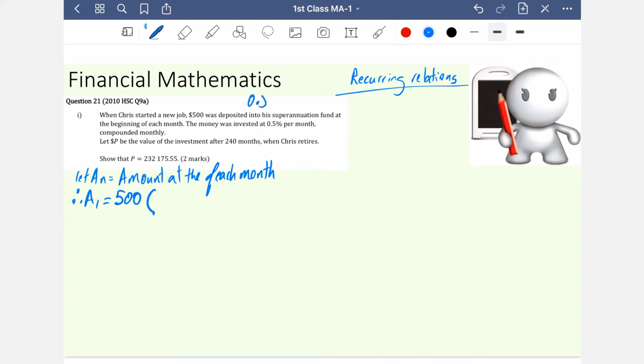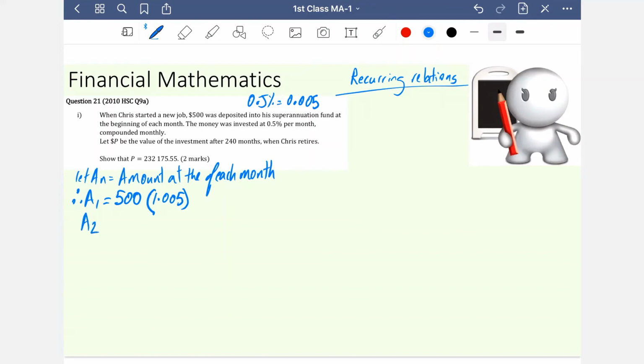Now, 0.5% equals 0.005. Okay, so put that into the compound interest formula, and we're going to get 1.005. Okay, so that's the amount of money that he's got at the end of the first month.